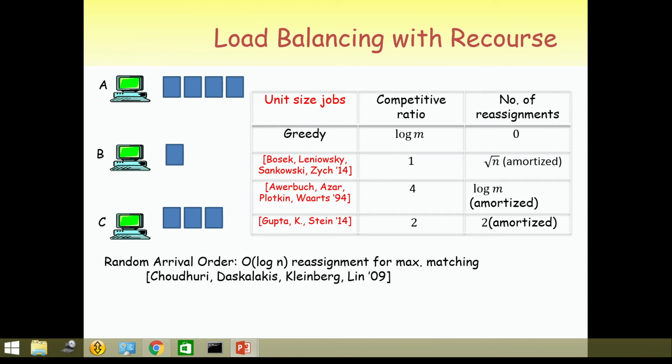I should also add that this is the case for maximum matching. The conjectured value here is log n. We don't know if that is true. Chaudhary and others showed that one can get a log n reassignment result here, provided the input arrives in a random order. But it remains an open problem to get log n here.